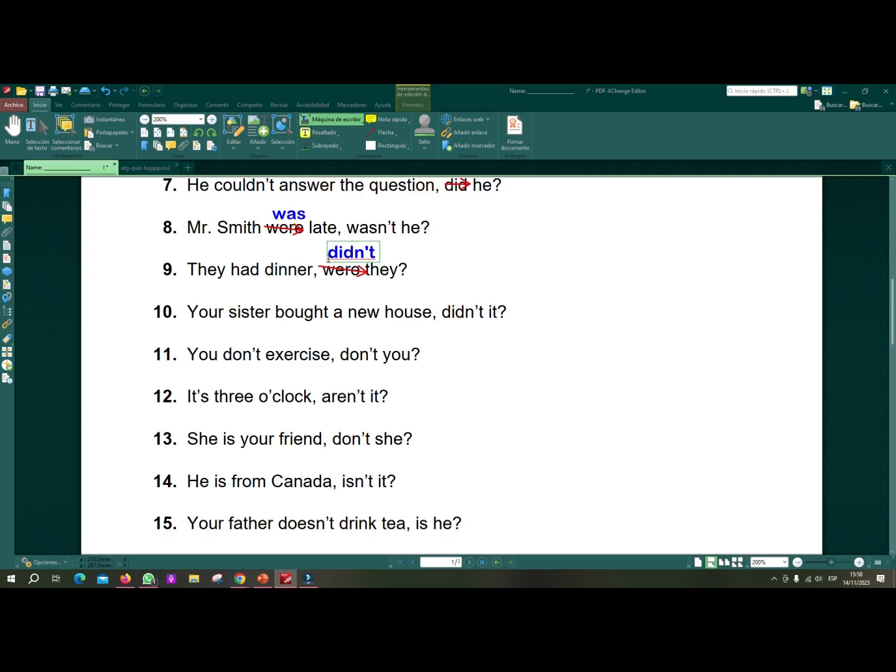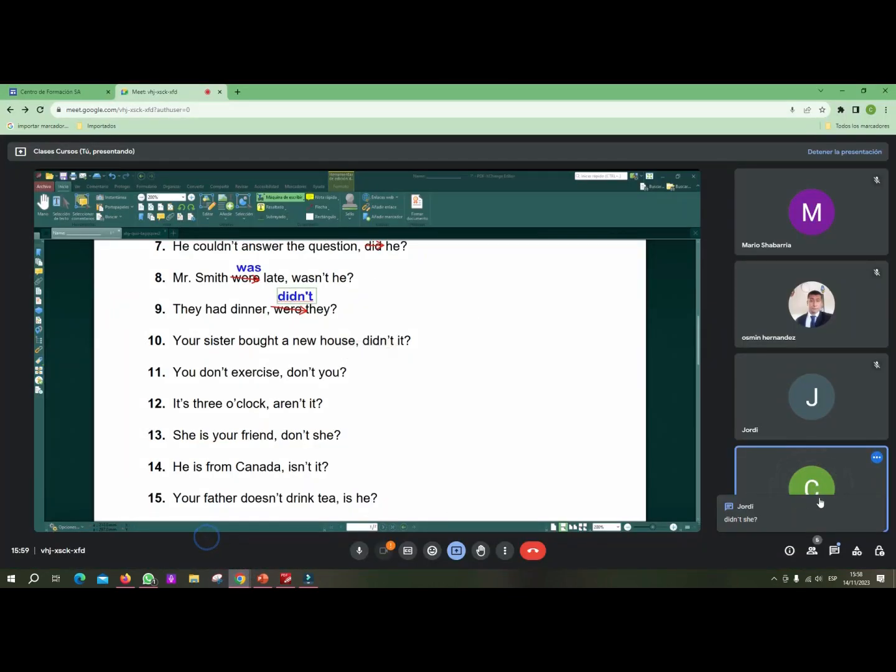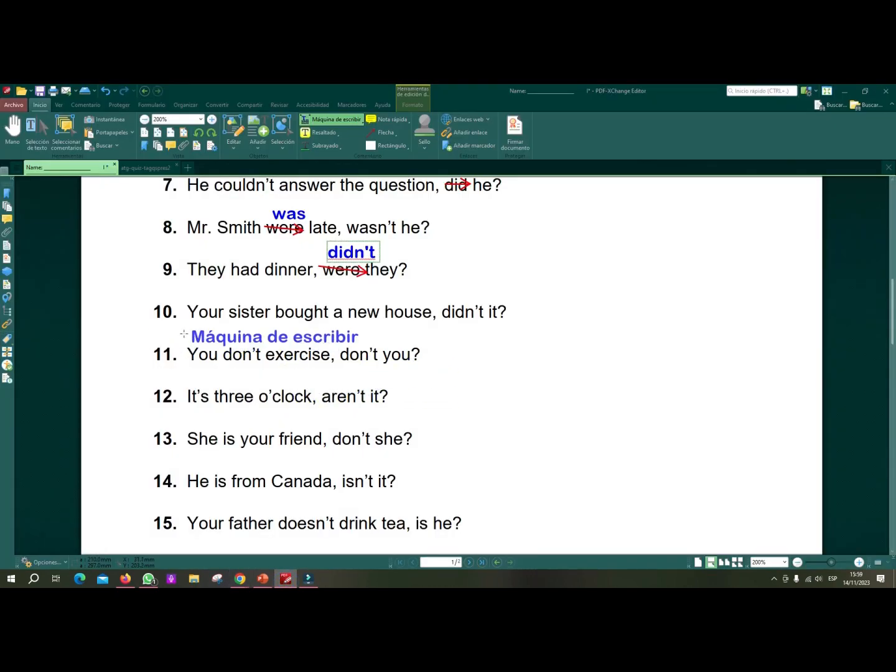Your sister bought a new house. Didn't it, Mr. Osmin? Your sister bought a new house. Didn't it? Let's see. Mr. Jordi, didn't she? Excellent. Because here you have your sister, so you don't need it in this case. That is she. Didn't she?